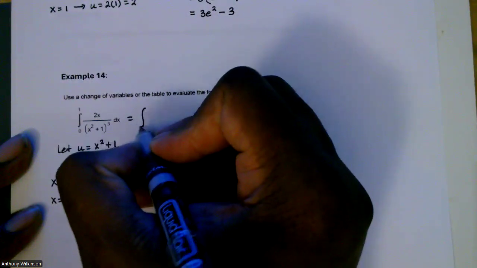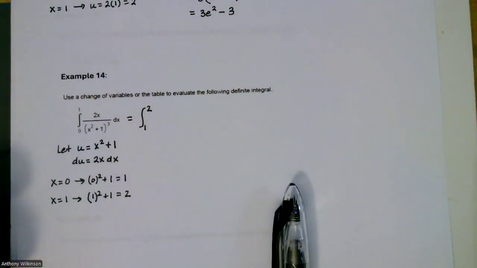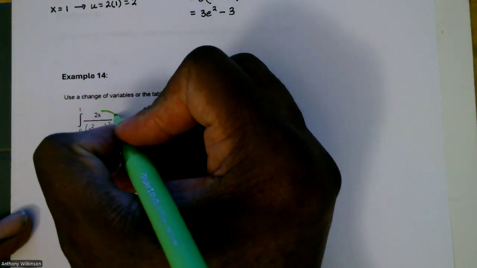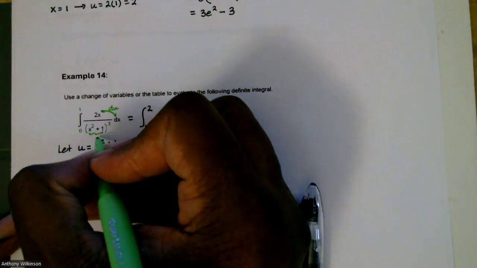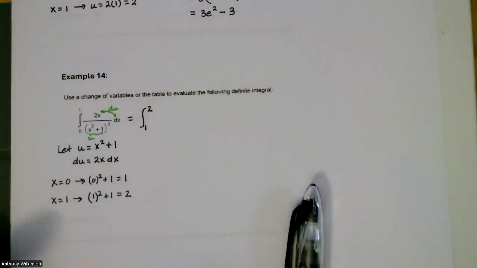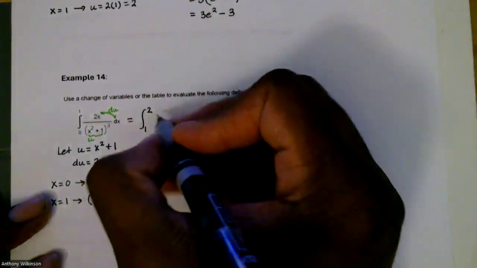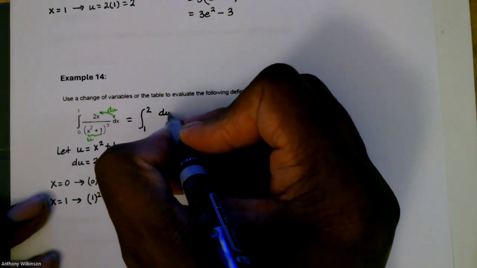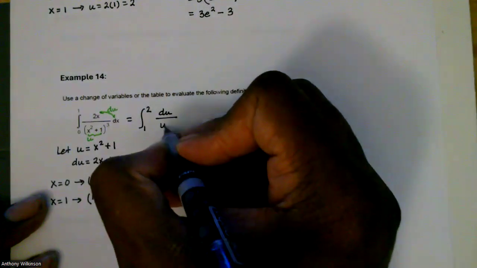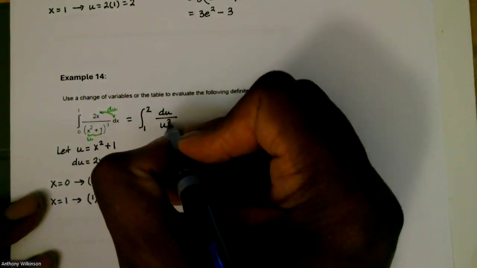So I have the integral from 1 to 2 of, now that 2x dx, that right there is du. That x squared plus 1 will be what u is. So here's what I'm going to have. The integral from 1 to 2 of du divided by u to the third.